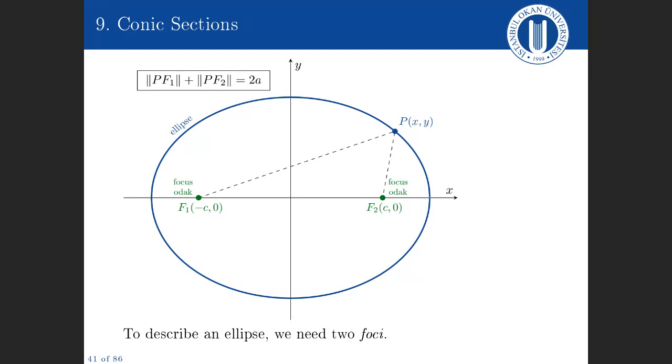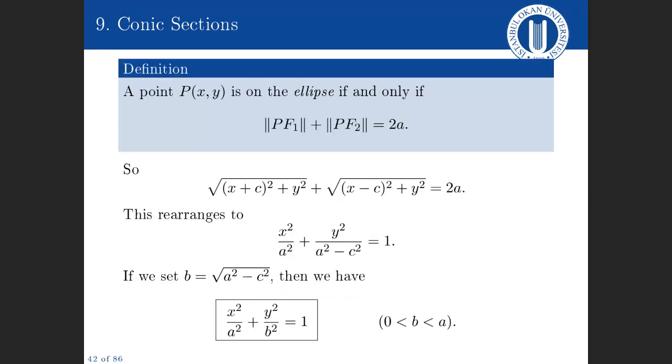The rule is that the distance from P to F1 plus the distance from P to F2 is always a constant. And I'm going to call the constant 2a. So formally, a point P is on an ellipse if and only if the distance from P to F1 plus the distance from P to F2 is equal to the constant 2a.